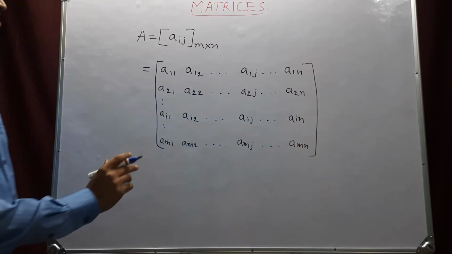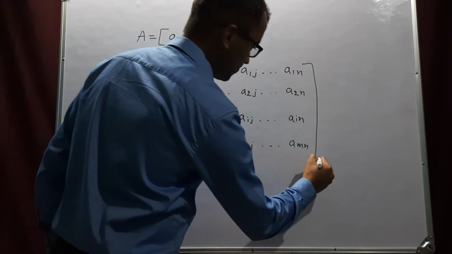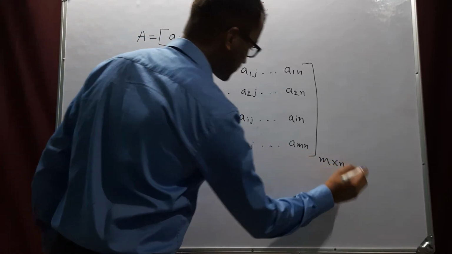So a matrix of order m by n, we can write like this also.